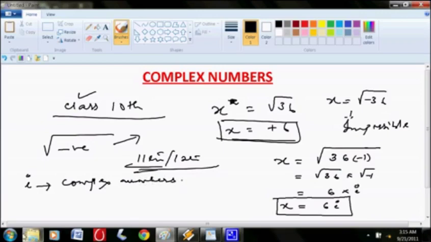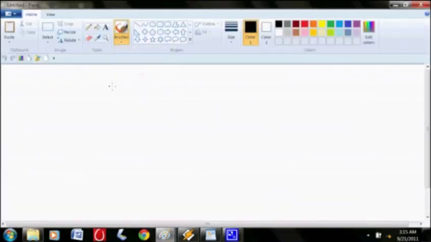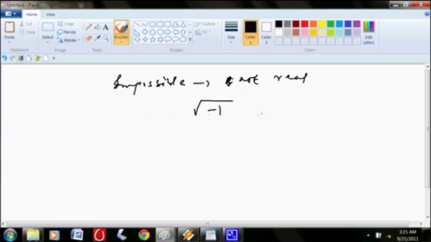So what exactly is a complex number? Something which is impossible, or which is not real. Thereby square root of minus 1 I say as i.